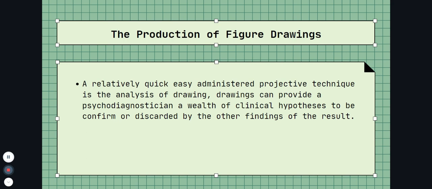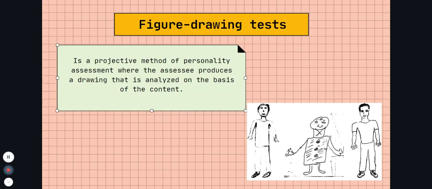So, figure drawing is said to be a convenient form of personality assessment since non-clinicians or non-psychologists, or those people who want to administer the test, can actually do so because it only needs a pencil and a paper for the assessee to take the test.